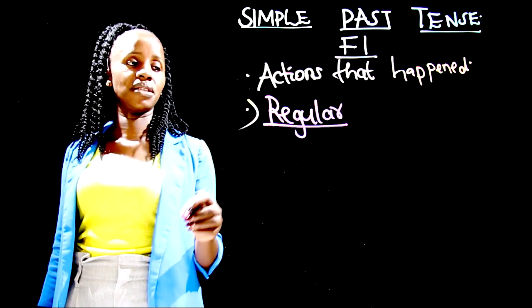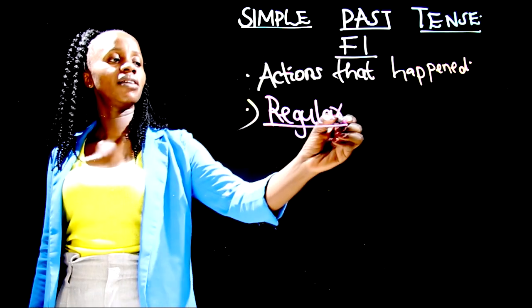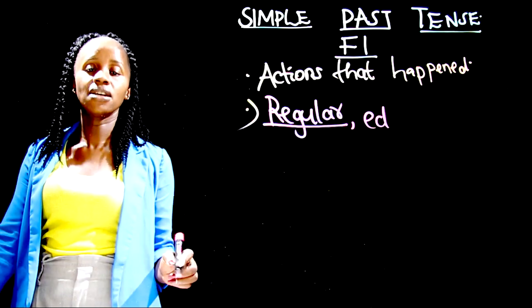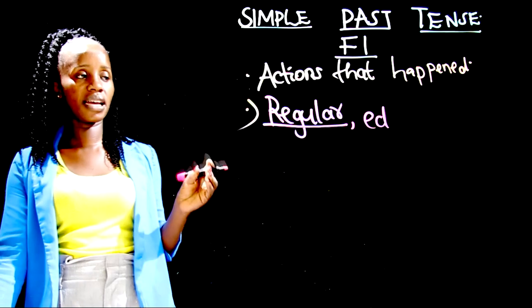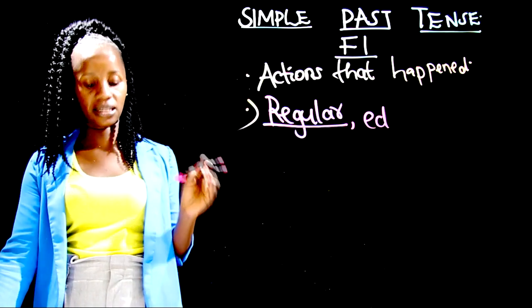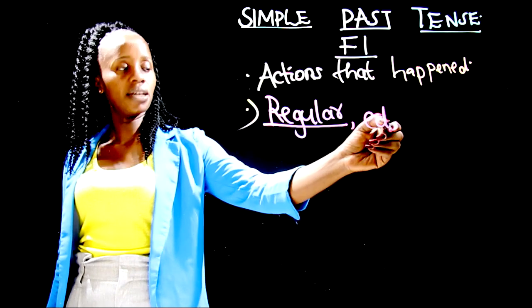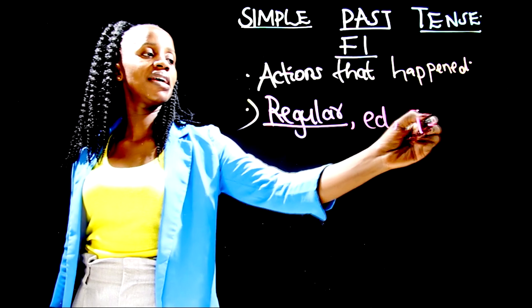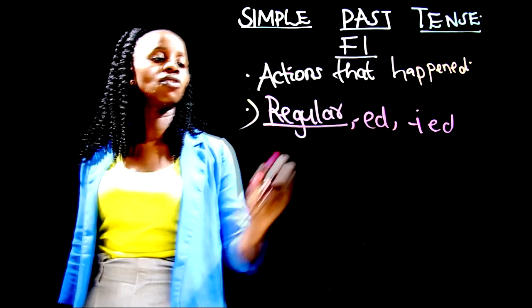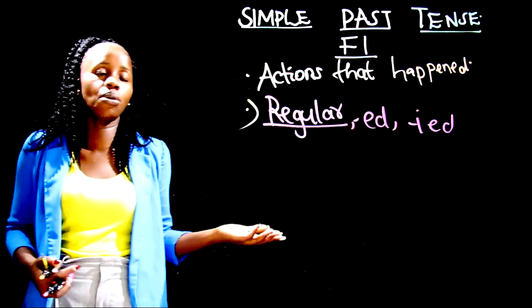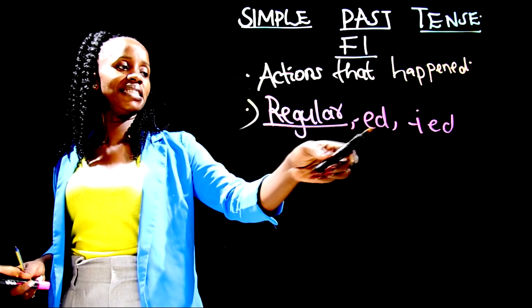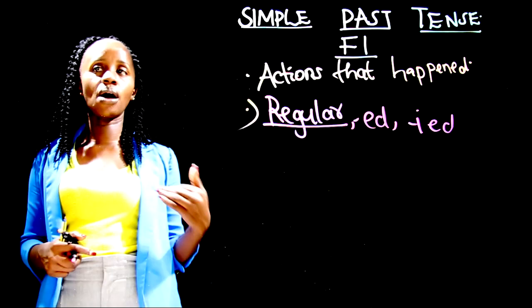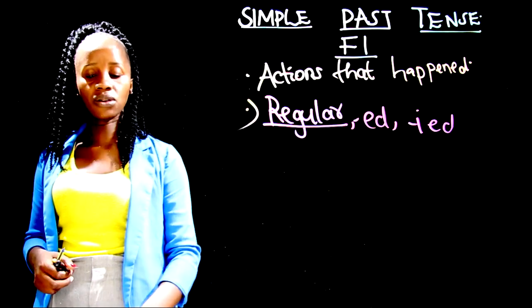Usually we add ed, or we add ied. So for regular verbs, there is a simple rule. We add either ed or ied. But how do we go about it?